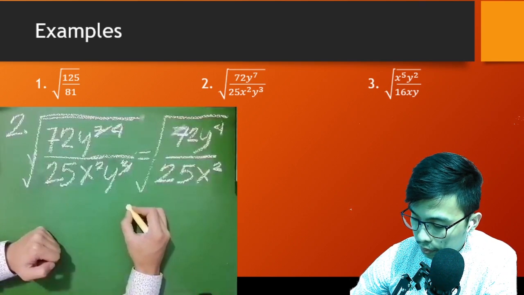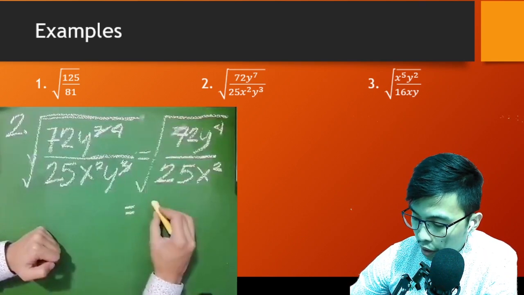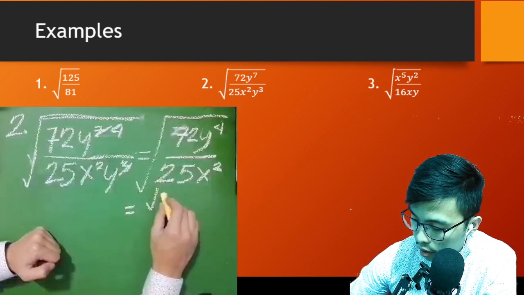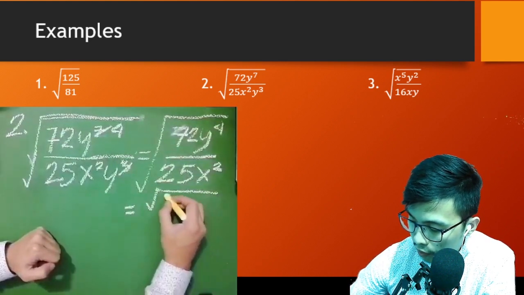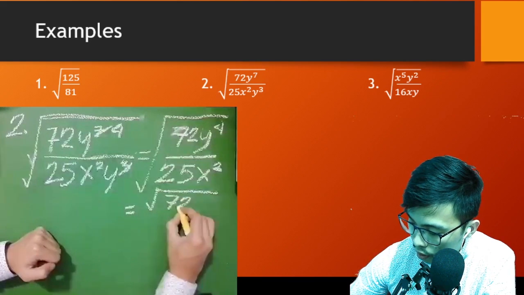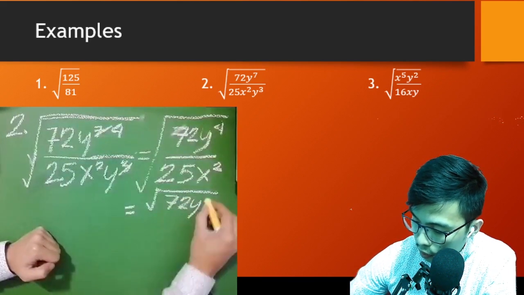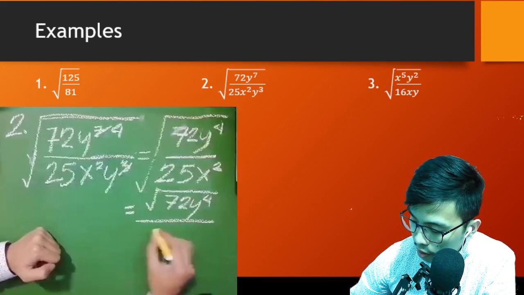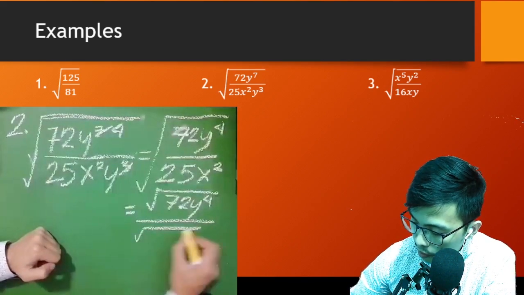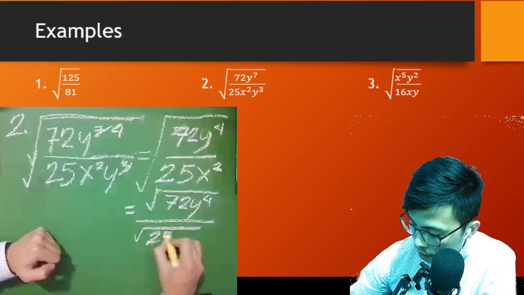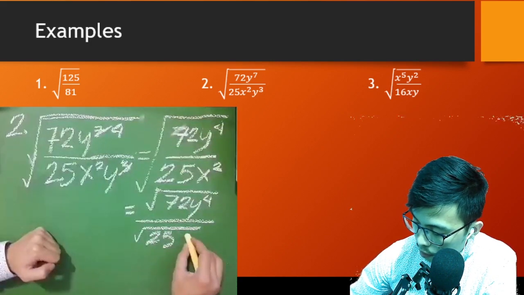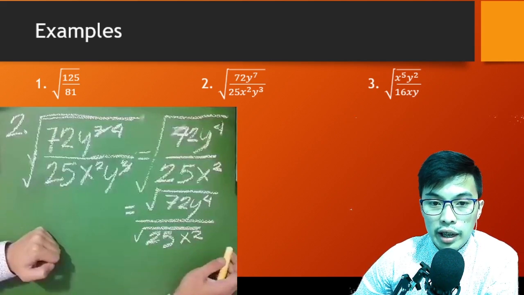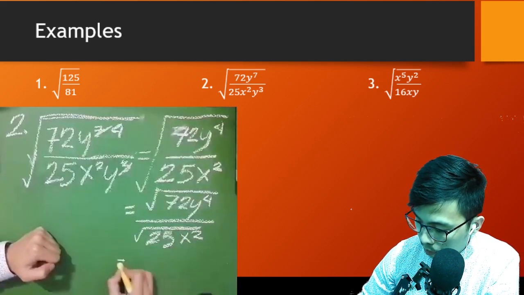as we simplify this, breakdown muna natin siya. That is the square root of 72 y raised to the power of 4, over the square root of 25 x raised to the power of 2. Okay, so simplify natin to.